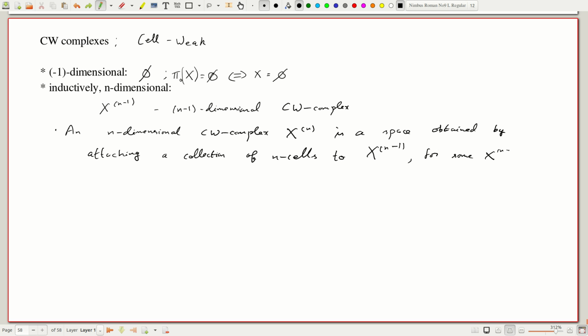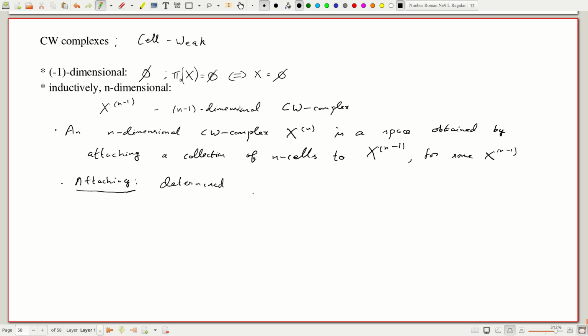Okay. So recall the attaching has certain data. So the attaching is determined by certain maps.